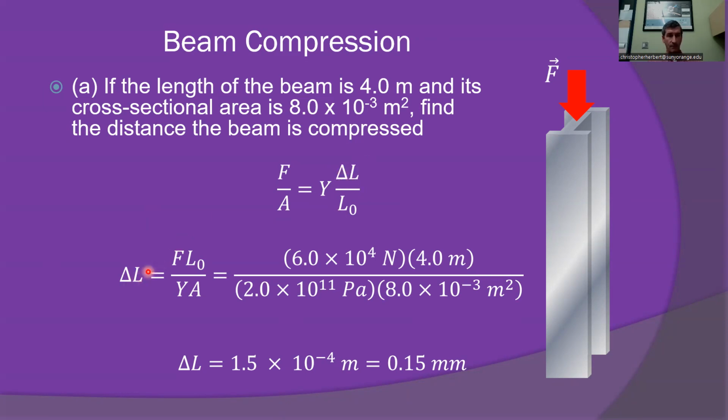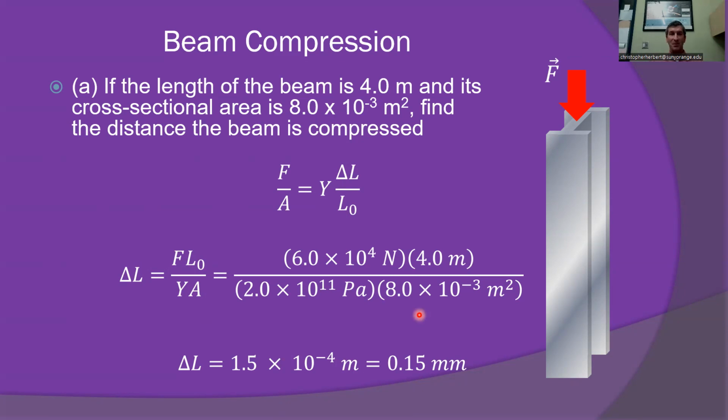So I solve for delta L. And of course, how much we change in length will be determined by how much force I have, what the original length was, divided by the resistance to compression, which is Young's modulus, and how thick the beam is, the cross-sectional area. And even for a very, very large force like this, a force of 60,000 newtons, this will only change by 0.15 millimeters.